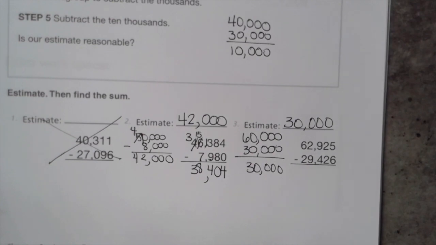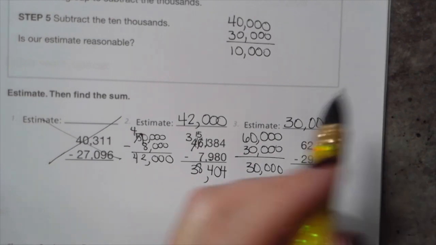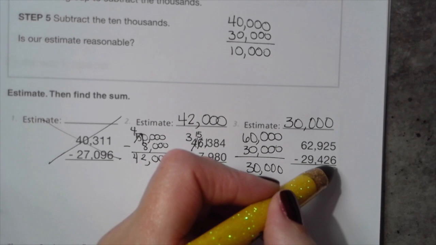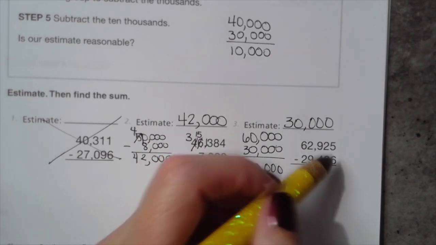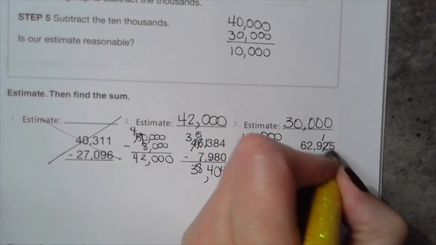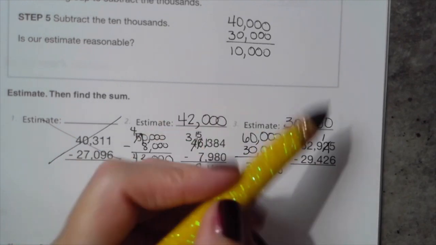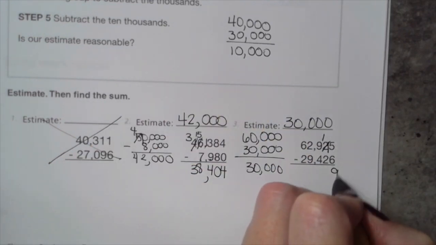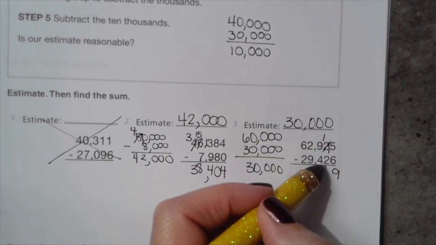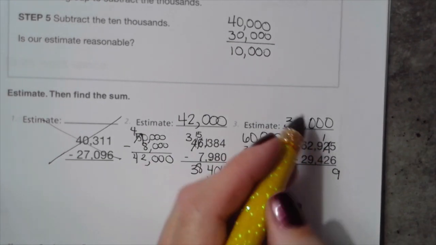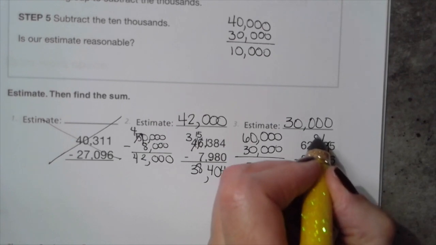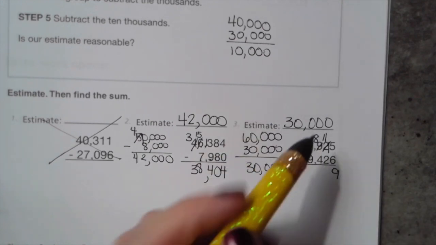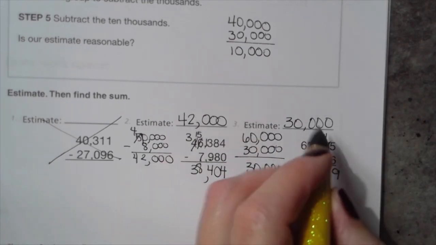Okay, now let's do our actual subtraction. 5 subtract 6. Uh-oh. Can't do it. More on the floor. Go next door and get 10 more. So 15 subtract 6 is 9. 1 subtract 2. Can I do that? Nope. More on the floor. Go next door and get 10 more. Now I have 11 subtract 2.